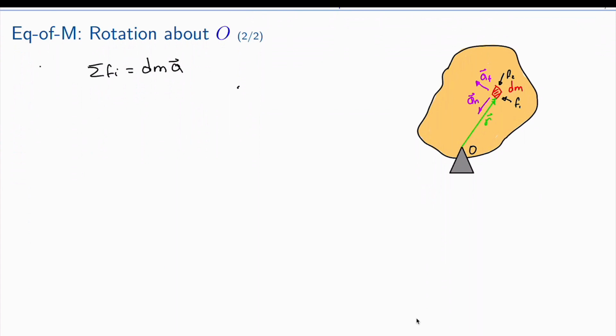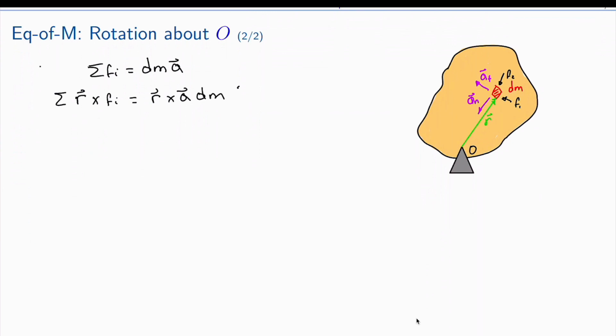Now, if we take the moment of the forces, we need to pre-multiply by the r vector, the position vector, and we do this for every single one of the forces. So we have that the sum of r cross Fi should be equal to r cross the acceleration multiplied by dm.